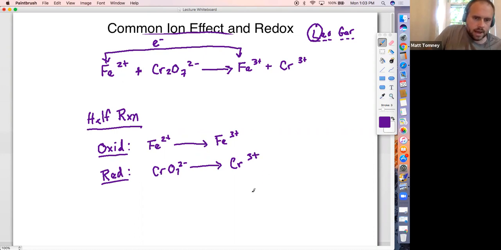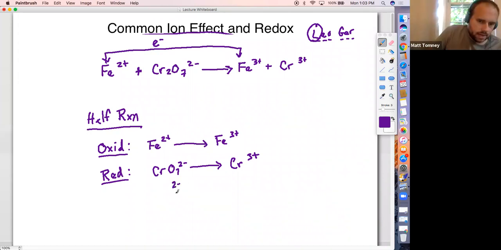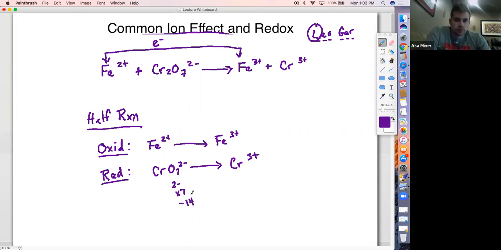Okay, now in order to properly understand this, you're also going to need to understand the oxidation numbers. So what is the oxidation number for oxygen on a regular basis? -2. Correct. Right? So if I have 2- and it's going to be times 7, then what would be the charge there? 14-, right? So the chromium must be what?